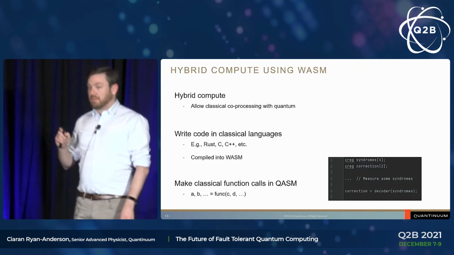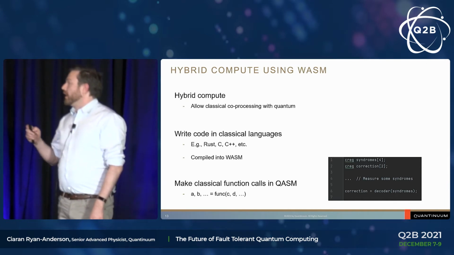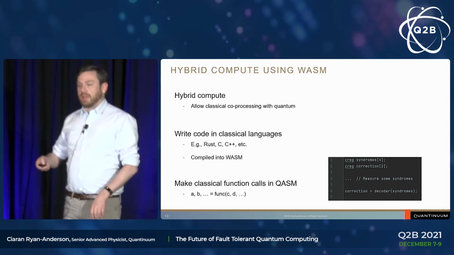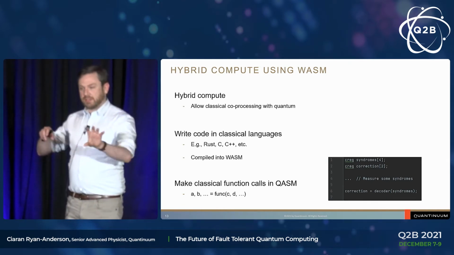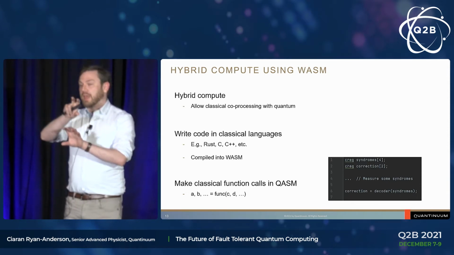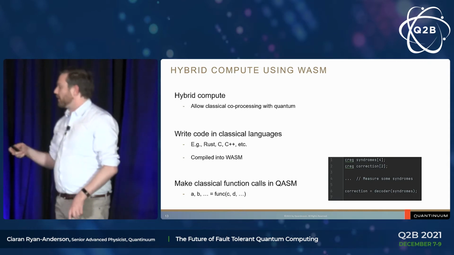And so to enable us to do that, we've now implemented hybrid compute. So we actually have added a classical coprocessor to our quantum computing. So now we have quantum computation running alongside and communicating with a classical coprocessor, and the information is moving back and forth.